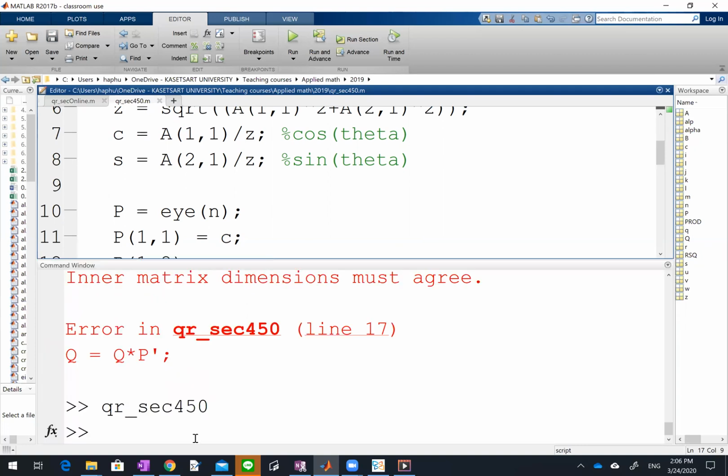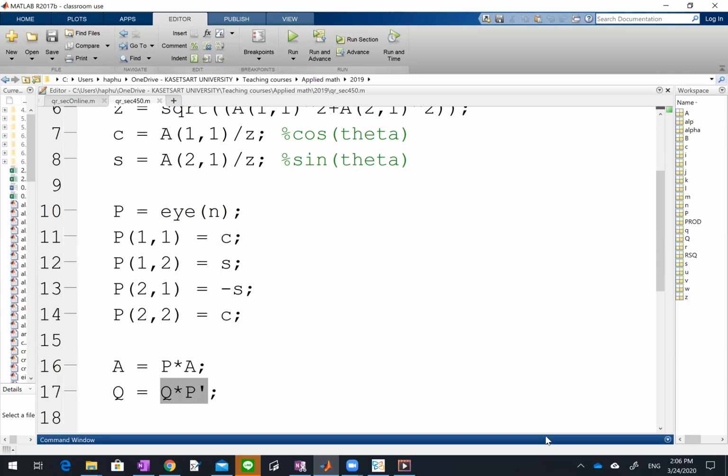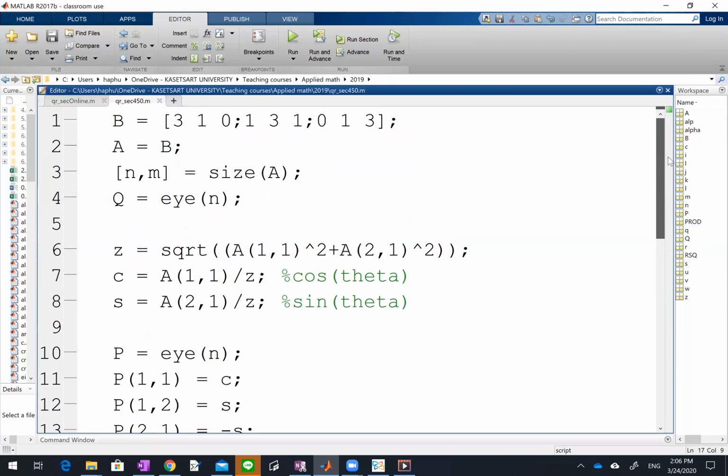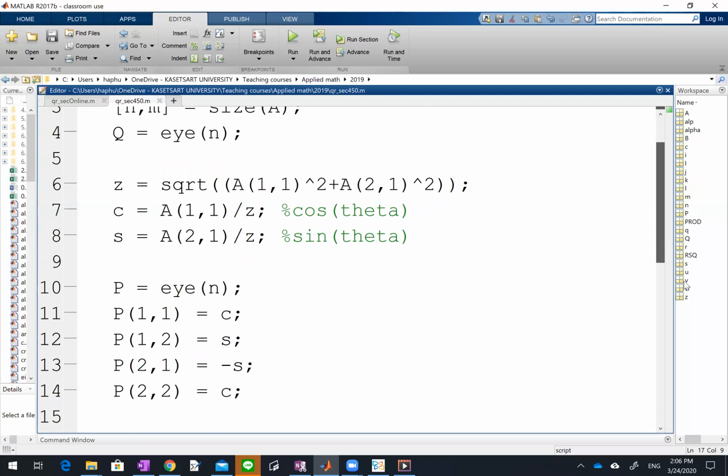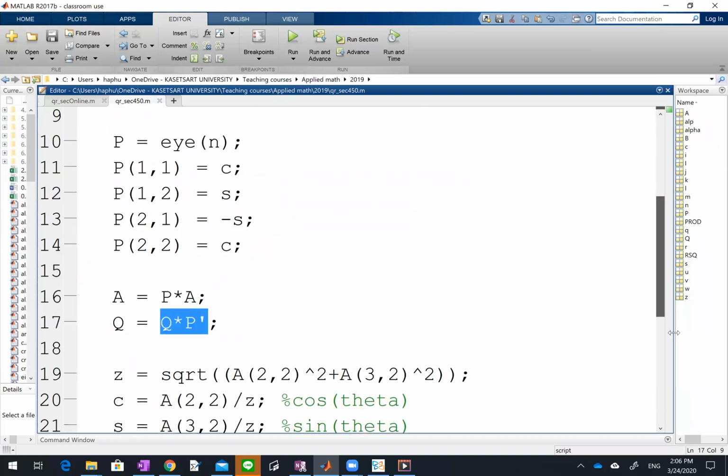So this is my Q. Okay, and I think I did something wrong. So my Q has to be, okay, starting with Q as the identity matrix, then I multiply that with the P transpose.